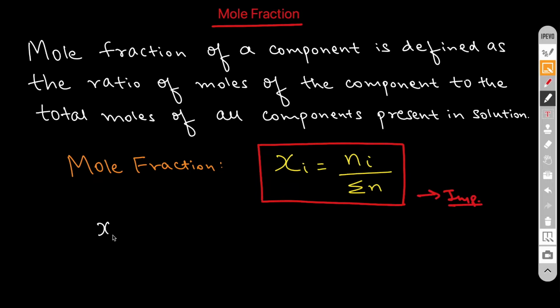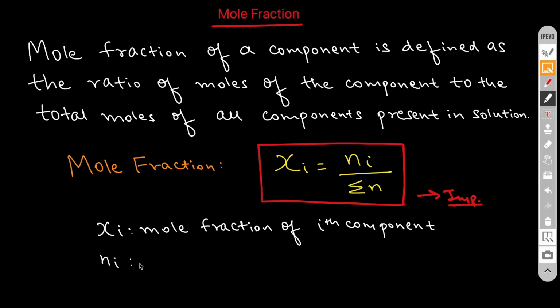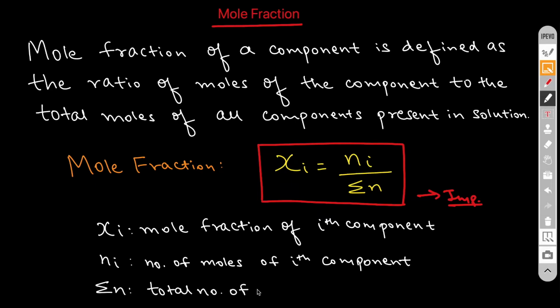Here Xi represents mole fraction of the ith component, Ni represents number of moles of the ith component, whereas sigma n represents total number of moles of all components present in the solution simply.